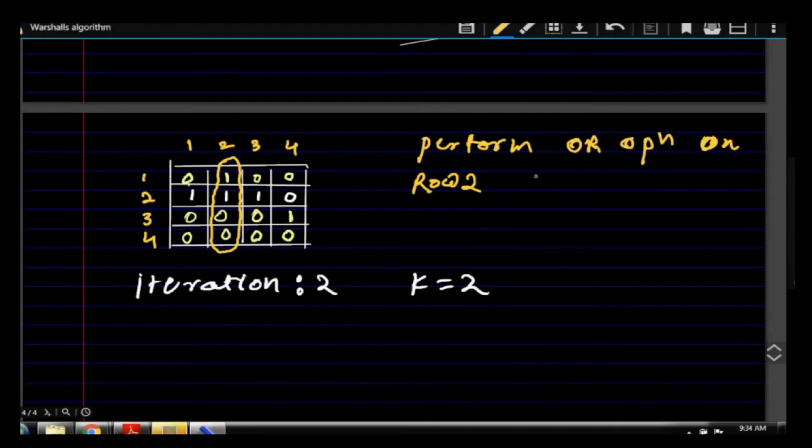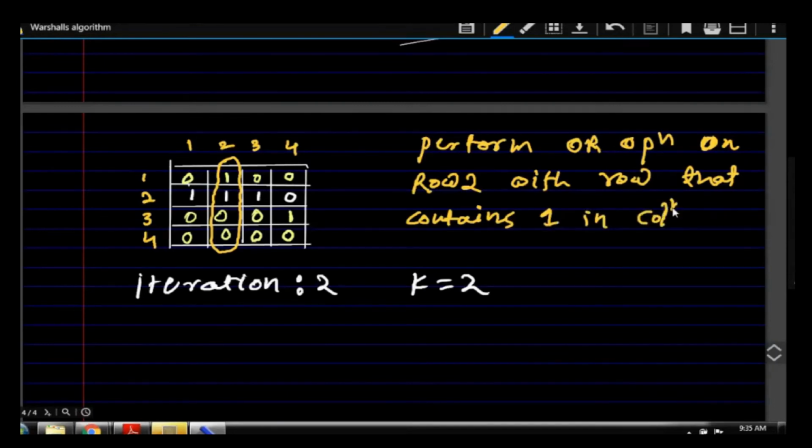Perform OR operation on row 2 with the rows that contain 1 in column 2.